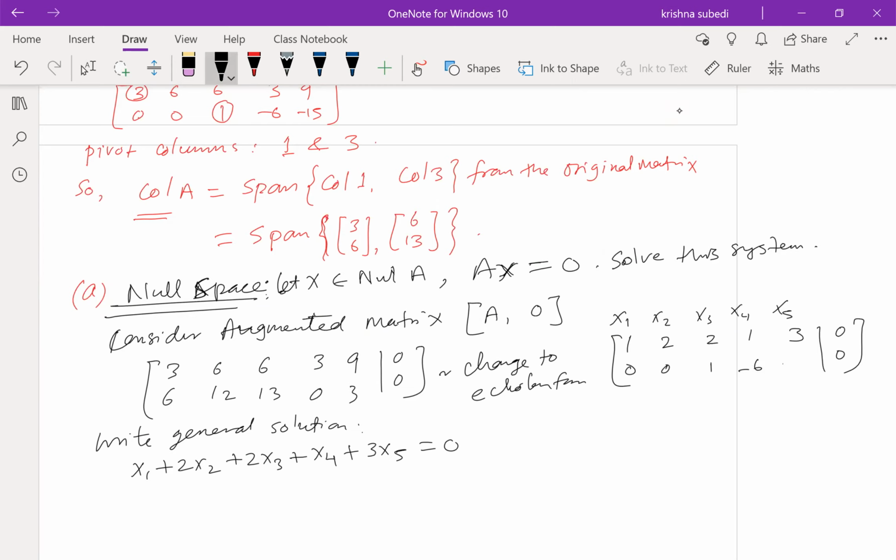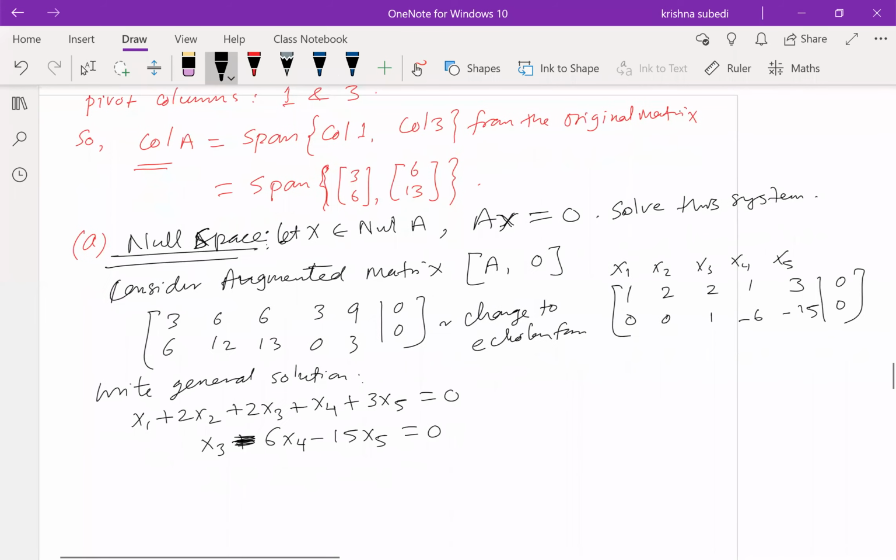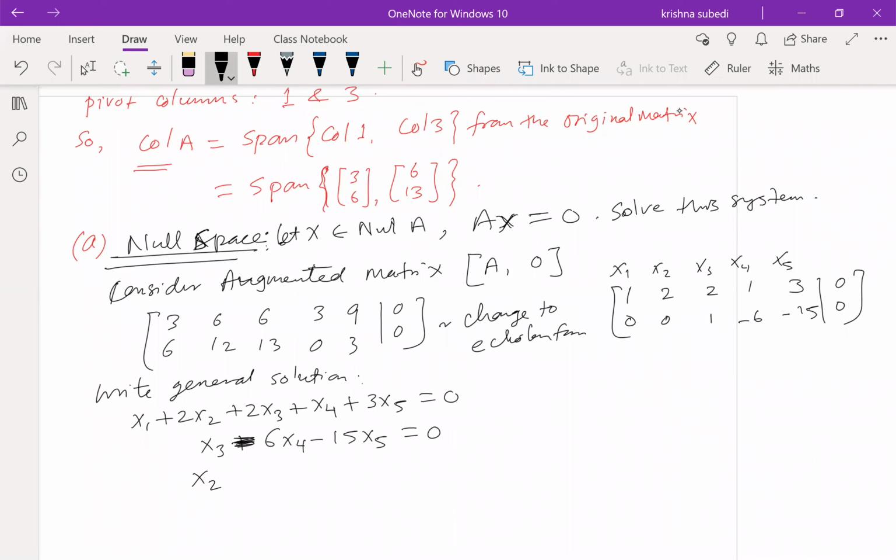This is -6, -15. Okay, that's good. So the second one is x3 minus 6x4 minus 15x5 equal to 0. And what are the free variables? x2, x4, x5 are free.